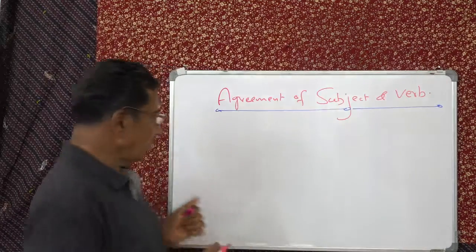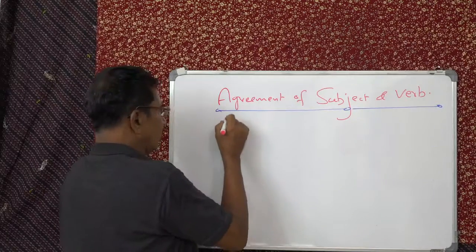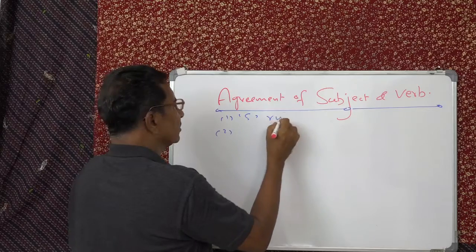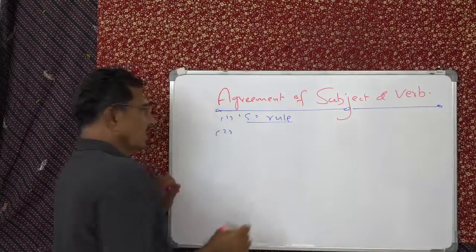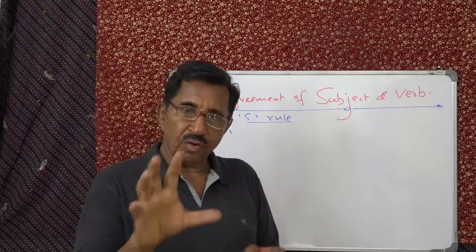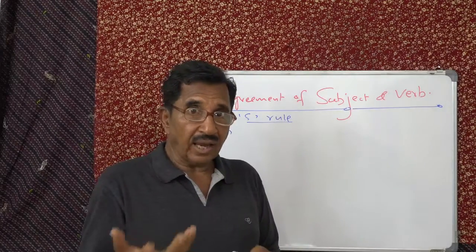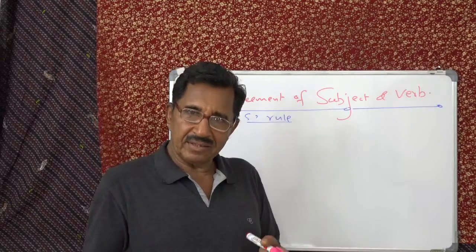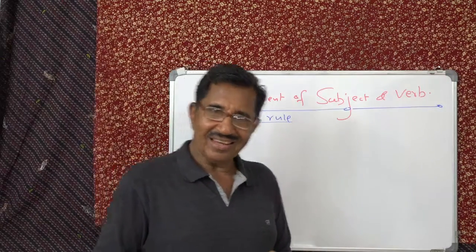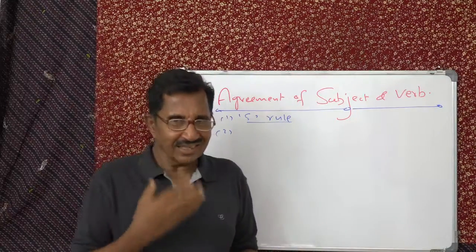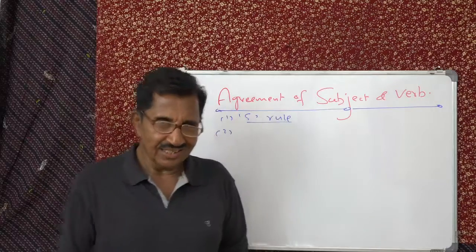The S rule means at the end of the verb, you should add S. The full verb, not modals, not cans. There is no such thing.